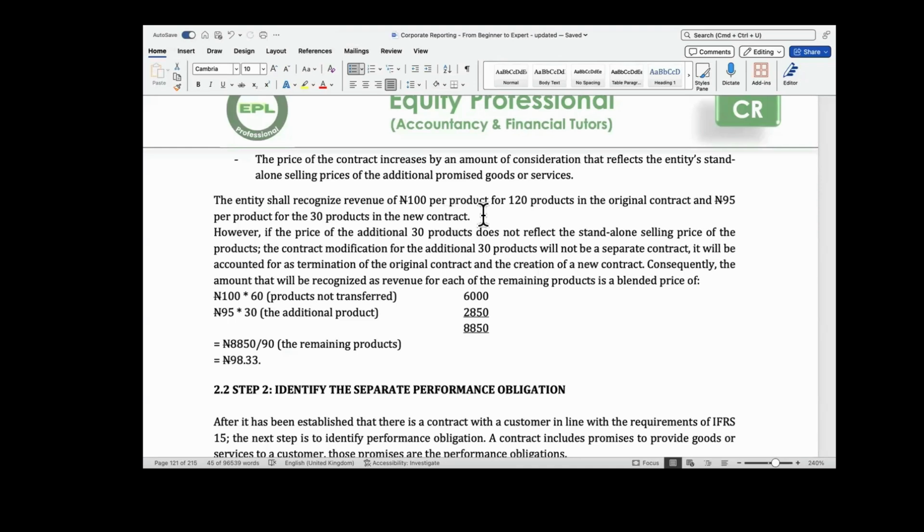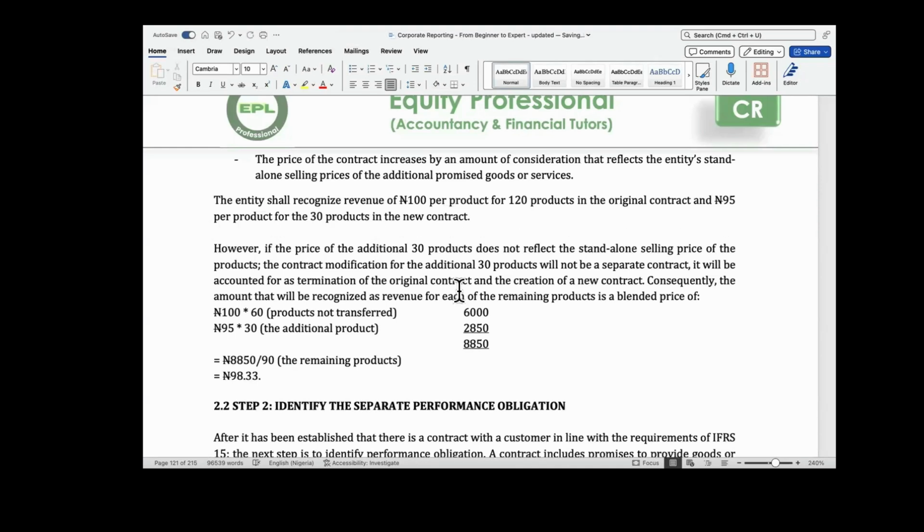So I just want to explain something to you here. What happens if the price of the additional 30 products does not reflect standalone selling price? That means the contract modification will not be a separate contract.